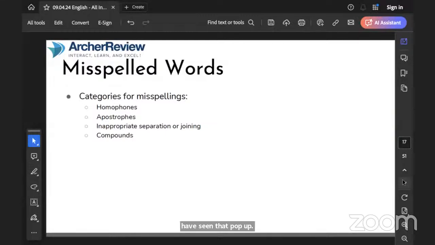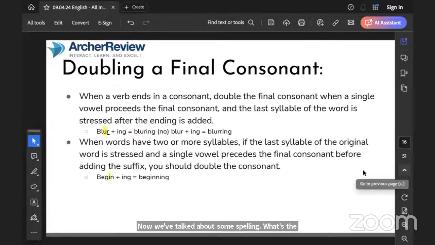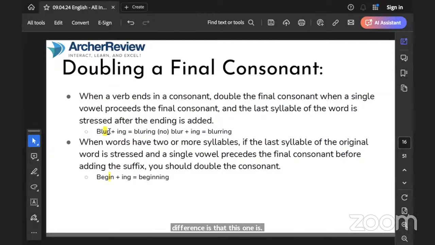Now, we've talked about some spelling. What's the difference between the two? Okay, so the main difference is that this one is focusing on either a one syllable verb or just a verb in general. It's not solely dependent on if it's got one or two or multiple syllables.